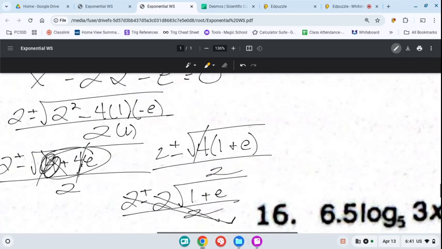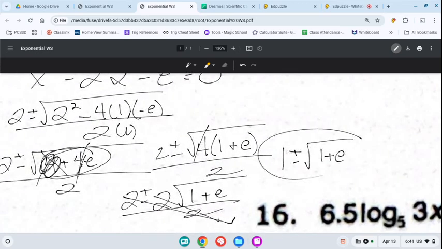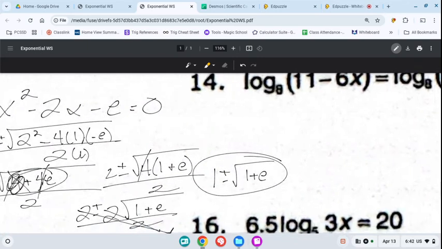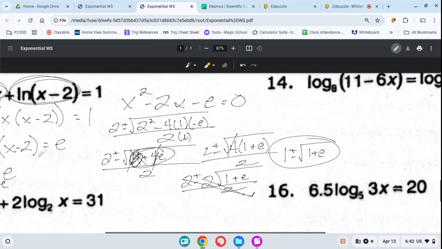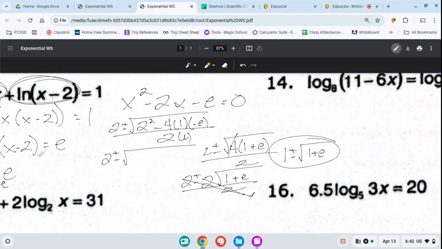So now what I end up with is 1 plus or minus the square root of 1 plus e. Sorry that my brain kind of stopped there for a second. I want you guys to see that whole thing. So I was right when I said right here, and I confused myself. We are going to factor that 4 out so we can do the hard work.